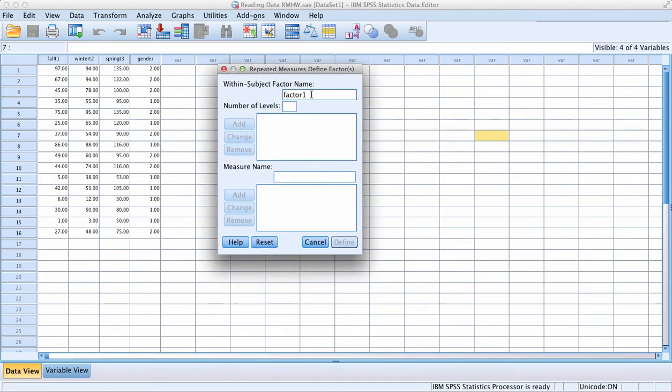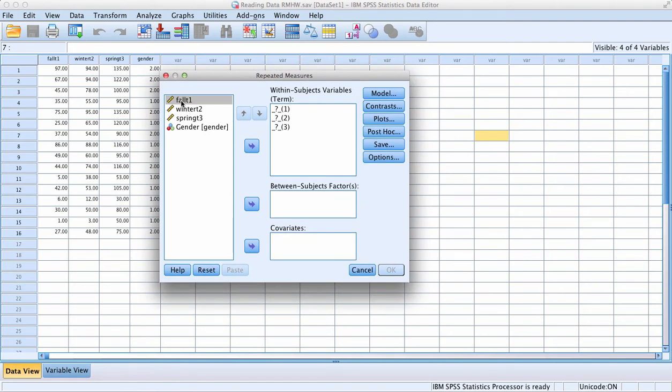Now, in the factor box, we can rename that. We can call it, in this case, let's call it term. And the number of terms, there's 1, 2, 3. So we'll put 3 in that box, and then we need to add it to this box. And then we need to click on the Define button.